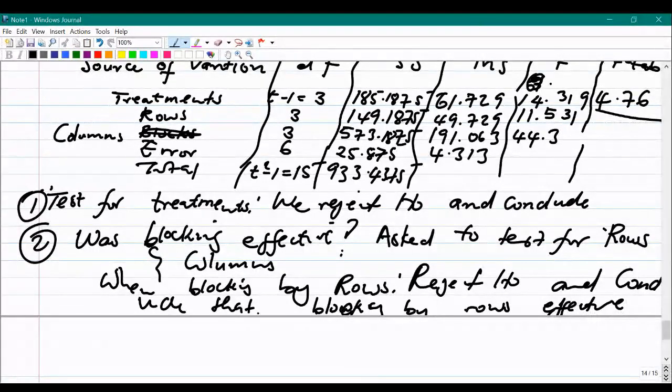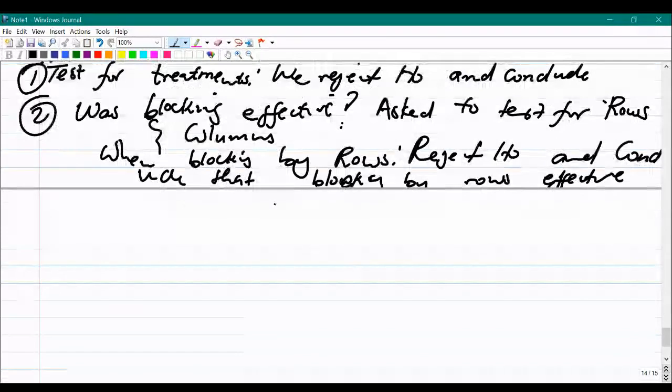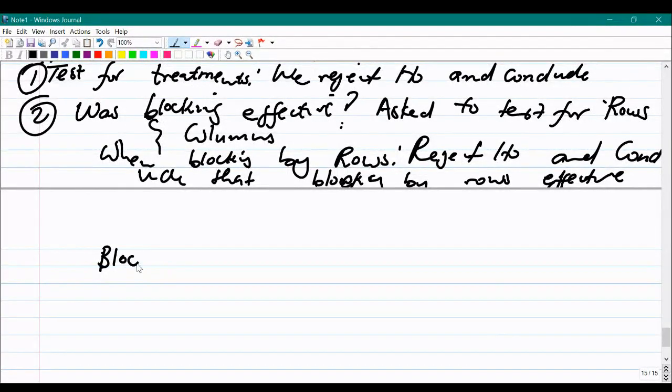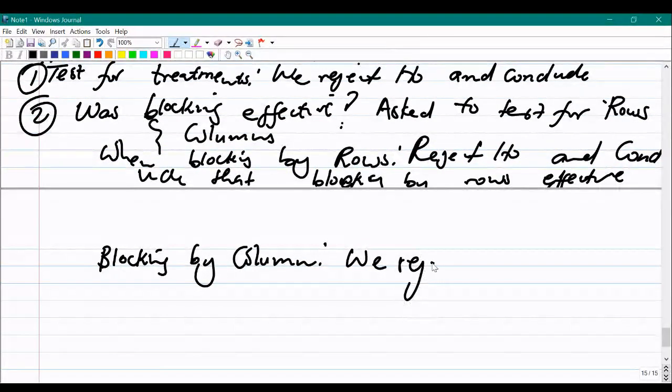Now you move to the next one. You have to test for blocking by column. You do the same thing. Based on the figures there, we reject A0 and conclude that blocking by column was effective.